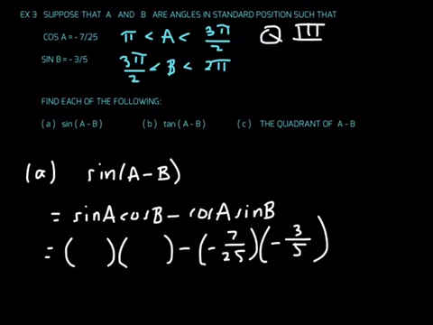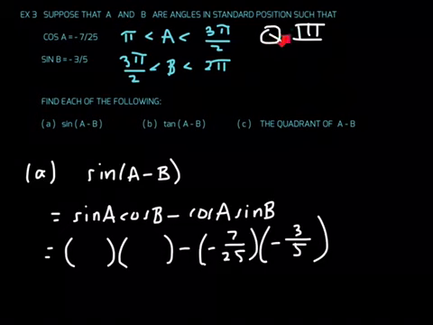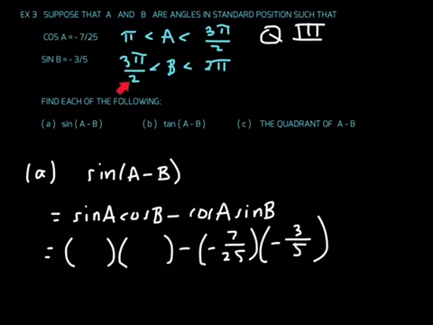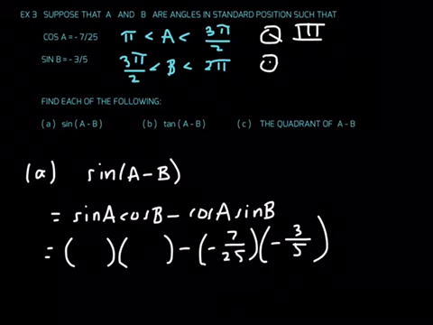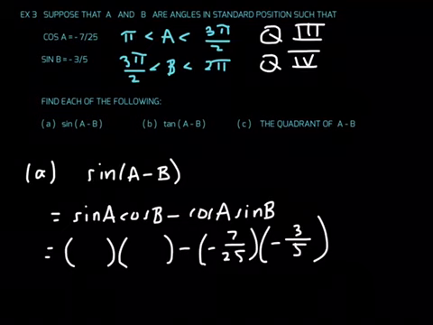We are saying that angle A is in quadrant 3. All right. What about angle B? They're saying that it's between 3 pi over 2 and 2 pi. So what quadrant does that put angle B in? If you said quadrant 4, good job, you are correct. All right, so remember these two things when we do our work. All right, now let me scoot up a little bit here.